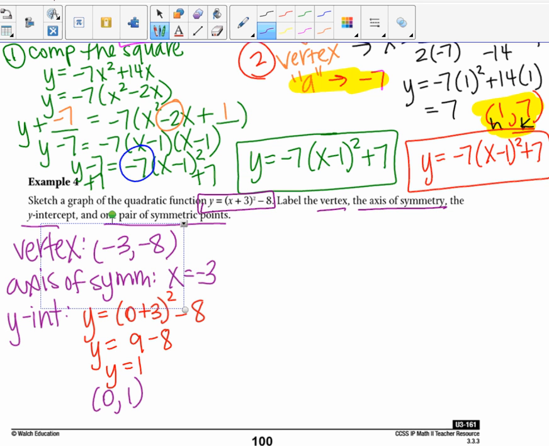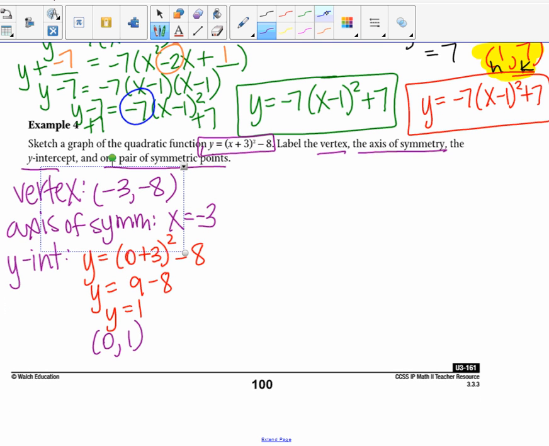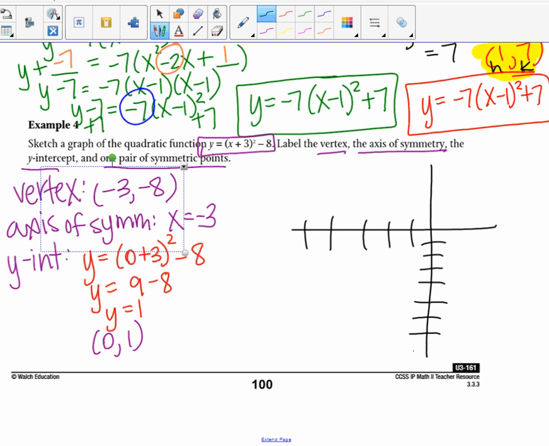And then it says one pair of symmetric points. So if we graph this, we are at -3, -8, 0, 1. Let's see. There we go. So we're at -3. 1, 2, 3, 4, 5, 6, 7, 8.